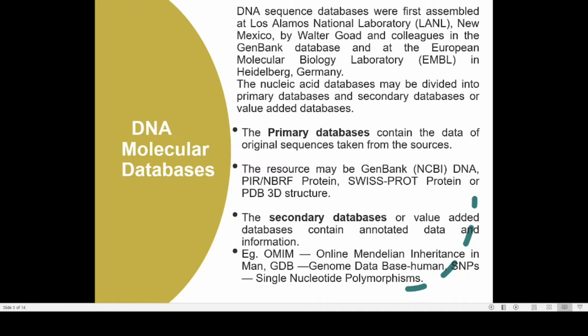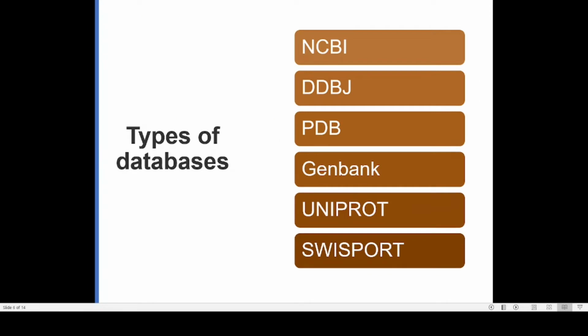Then we call it a secondary database. Then in the next slide, these are the very famous or most popular types of databases. I will show you what is NCBI, what is DDBJ, then I will explain that.